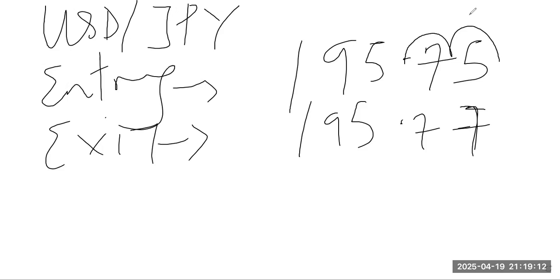So if you see it now, after this decimal point 75 has changed to what? 77 here. Are you getting it? So from here, 5 changed to 7. So how many was added here now? You see that 2 was added to this exit price. So you can say that USD JPY moved what? 2 pips. You get it?